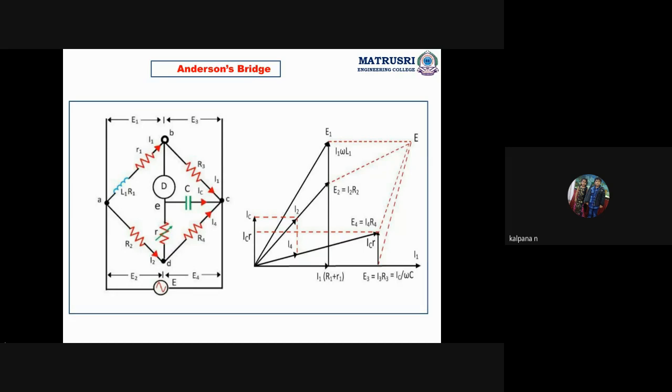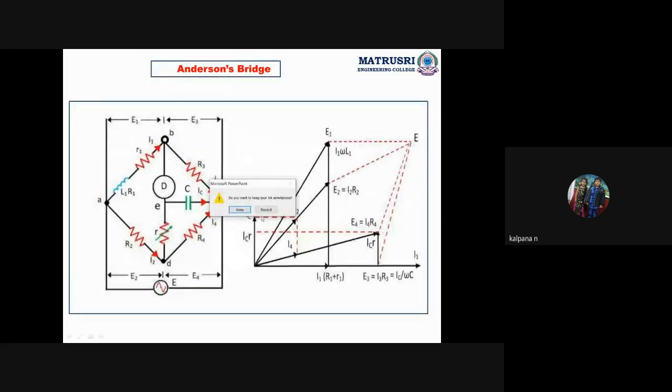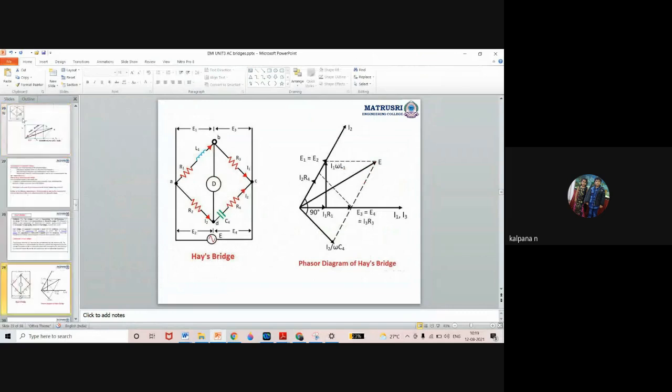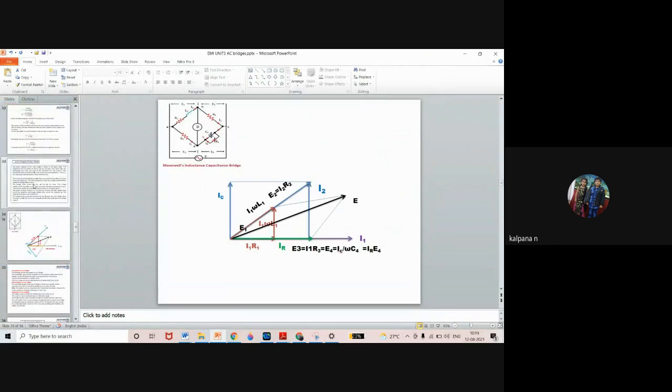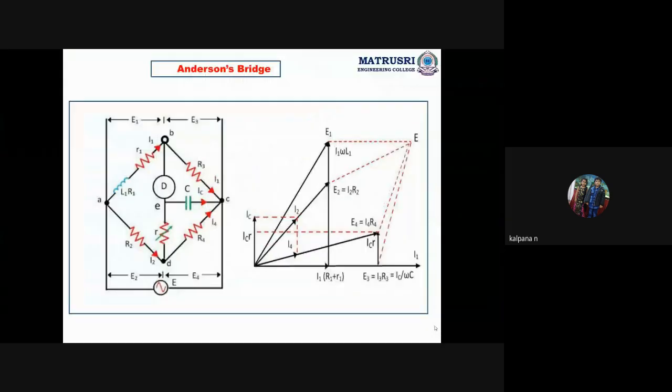Till now we have discussed bridges which have only four arms, with only the indicator in between. But in the Anderson bridge, two branches are connected to the indicator. See the difference: this is a simple bridge, and this one is also very simple. But Anderson is somewhat complicated, because two extra branches, EC and ED, are connected here.